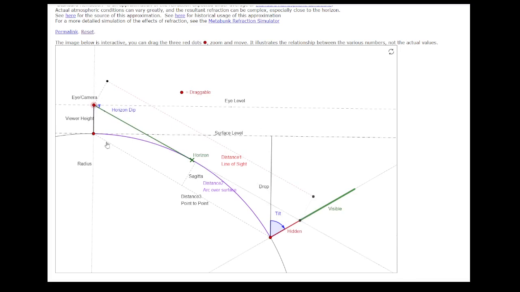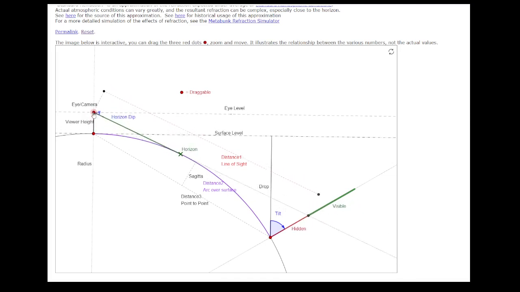So what we have here in this model is an assumption that the Earth's surface is fixed. It's a fixed geometric shape. It's static. It doesn't move. We are the ones moving, okay? This is very important to keep in mind.